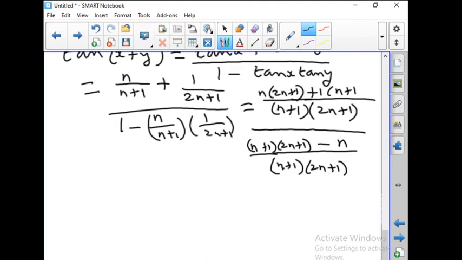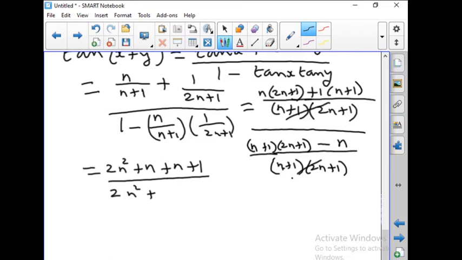Now these denominators are same, so this gets cancelled. The numerator becomes 2n square plus n plus n plus 1. And the denominator is multiplication: 2n square plus 2n, then plus n plus 1 minus n.